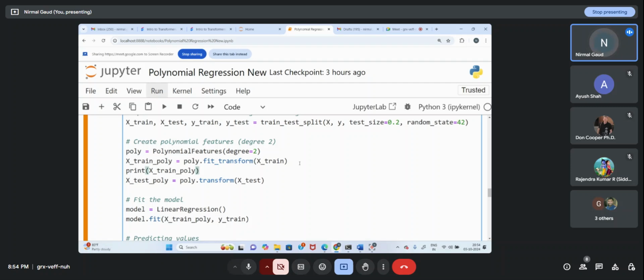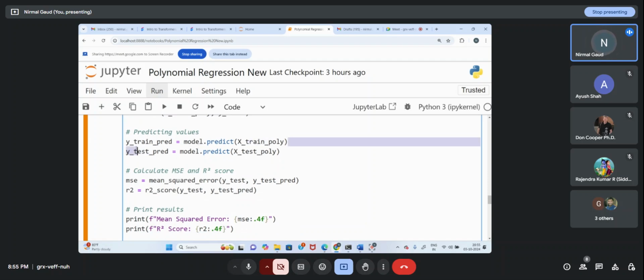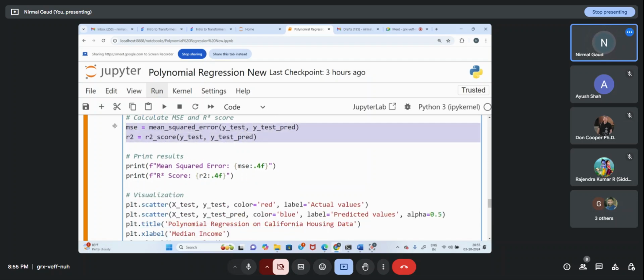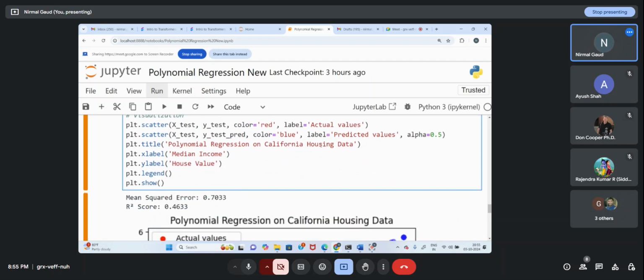Then you are using a linear regression model, fitting your polynomial features, and performing the prediction also. You calculated the errors also, MSE and R2 score, and that's what you have printed.